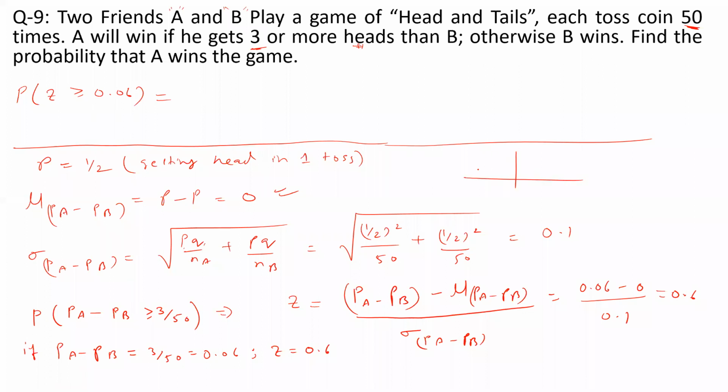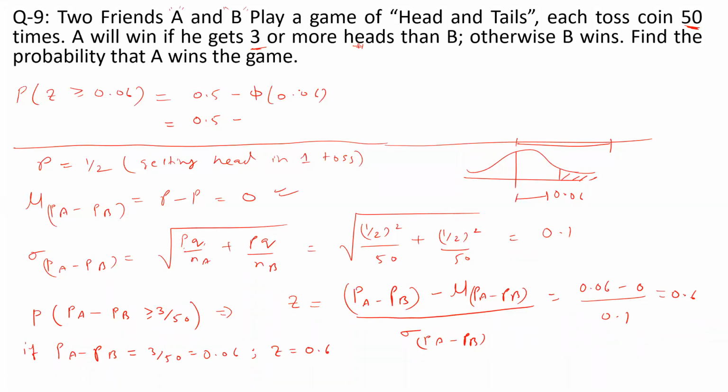Just plot it and check. 0.6 is positive, so this will be here. Greater than means this value you are finding. So this will be 0.5 minus the area of 0.6. So this will be 0.5 minus this value, which you can calculate from the normal table or calculator.